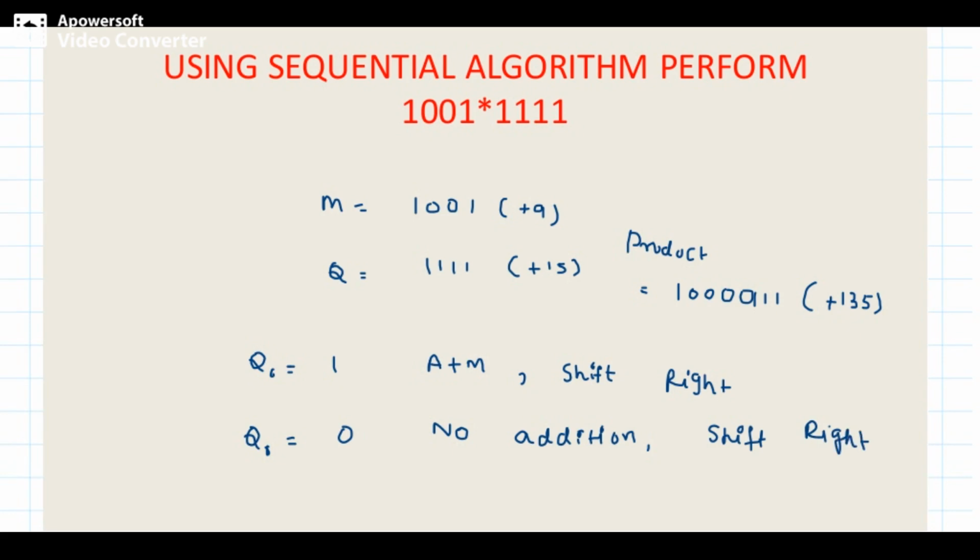So now we'll consider the same problem. First I'll write M as it is, that is 1, 0, 0, 1, and I'll initialize carry as 0, and one register A, also initialized to all zeros, and I'll write Q as it is, 1, 1, 1, 1.